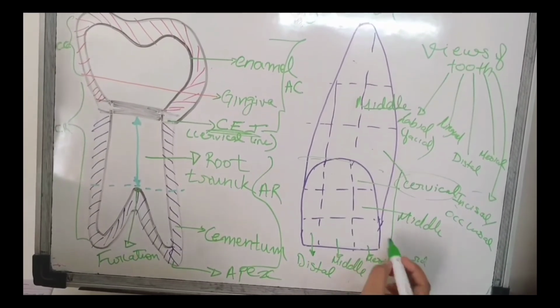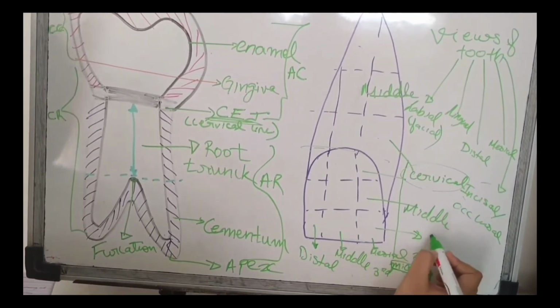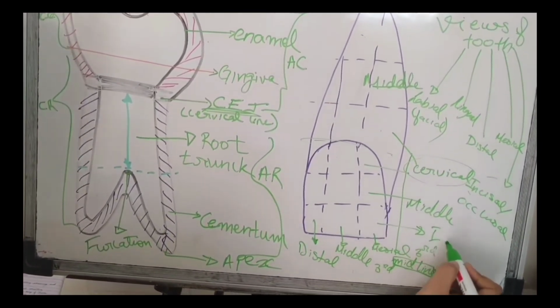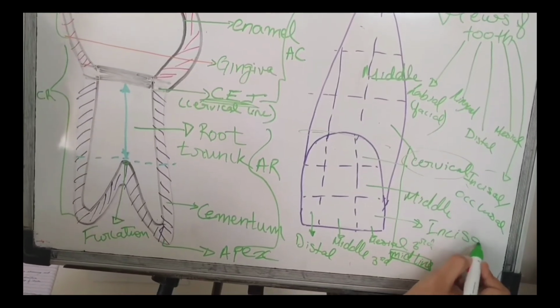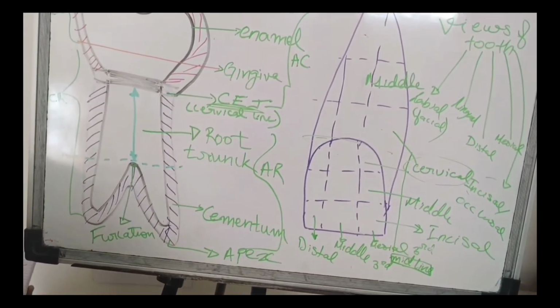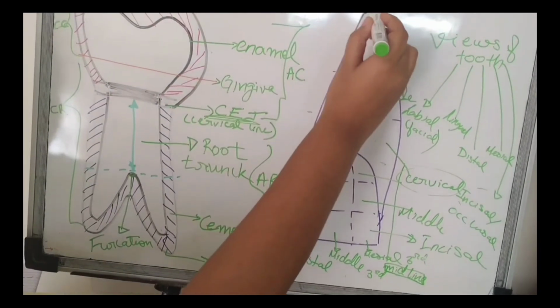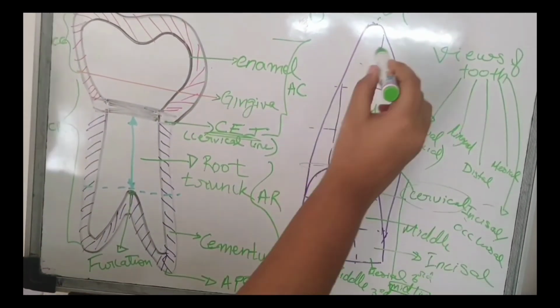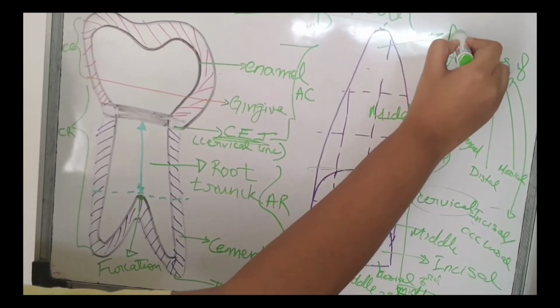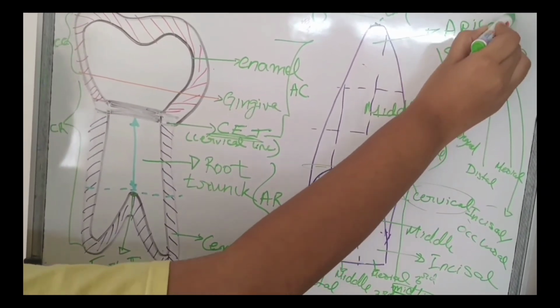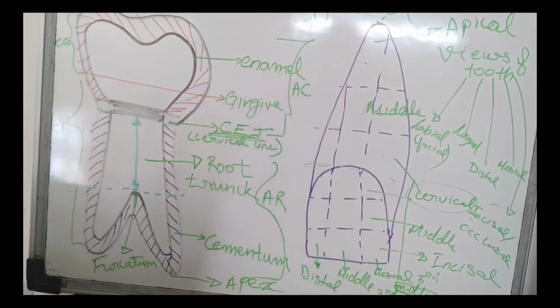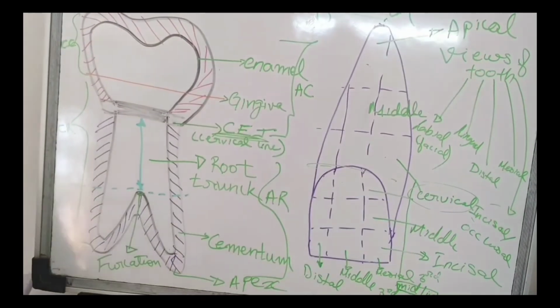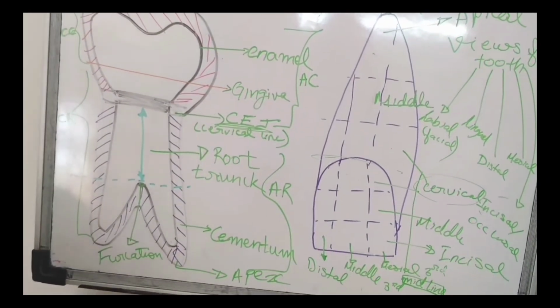Wherever these are located, we have named them as such. Incisal third, and in the root we have the apex. So near the apex we have the apical third. So these are some basic concepts which we should know. We will be using these terms later, that's why.